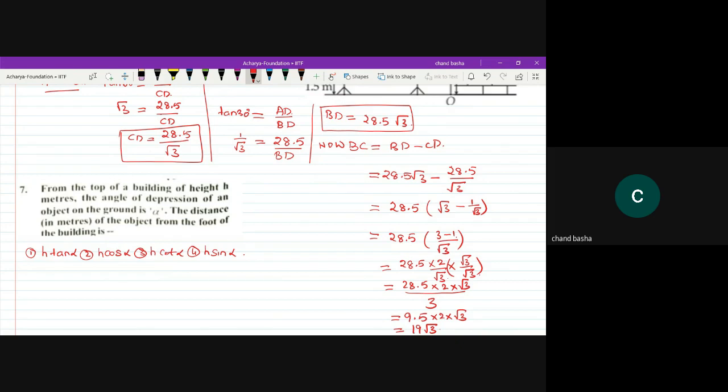From the top of the building of height h meters, the angle of depression of an object on the ground is alpha. The angle of depression on the ground is alpha. Can we have the figure?